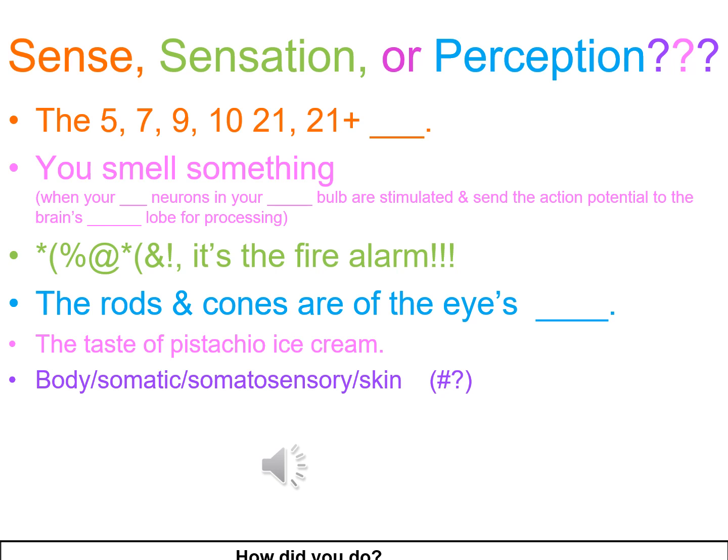The taste of pistachio ice cream. Perception would be the interpretation of that particular complex combination of sensations. The body or somatic or somatosensory or skin senses. So that would be sense and the number 3. Sense, sensation, and perception. How did you do on that? Hopefully very well.